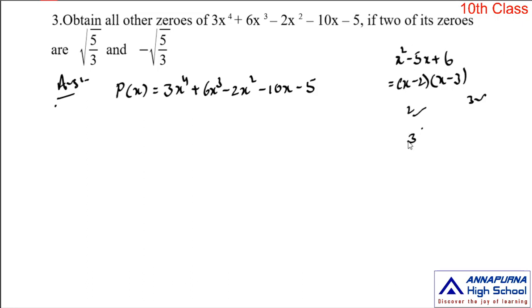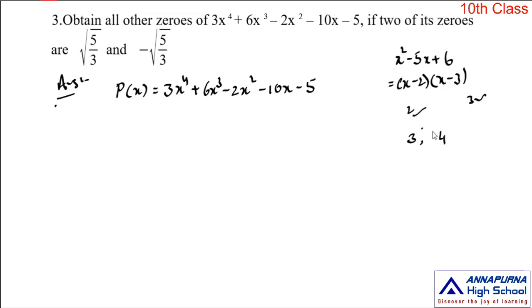Just in case I am not giving the quadratic polynomial directly, but I give its zeros, 3 and 4. How to find that quadratic polynomial? Actually we have a general form, k into x^2 minus sum of the zeros into x plus product of the zeros.